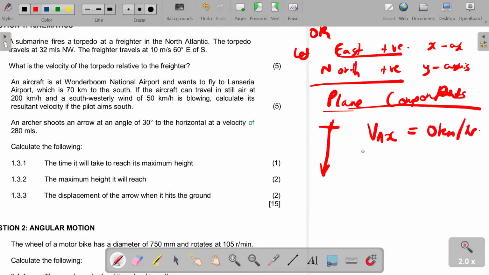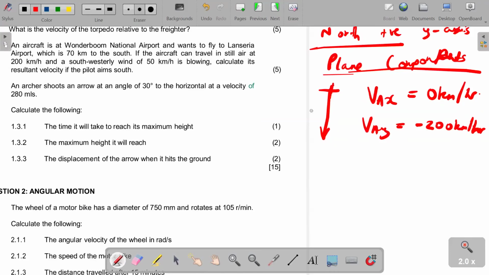Because it went due south. Then VAY is going to be given by negative 200 kilometers per hour. Why is it so? Because we chose north as positive, yet the plane is going south. No need to perform a calculation for that. You can easily notice it without performing a calculation.